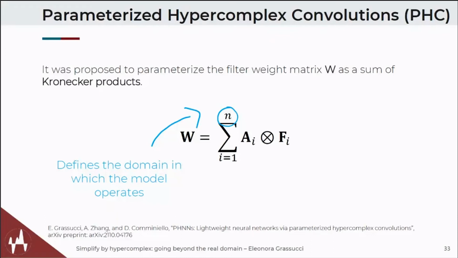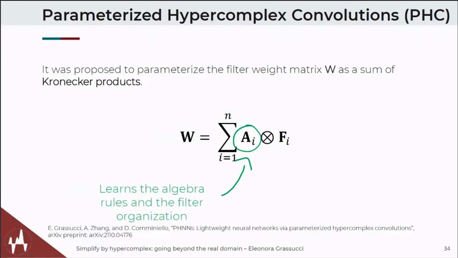But most importantly, n can be any value. So we can set also n equal to 3, n equal to 5, and so on. And that's really important because Cayley-Dickson algebras only exist for predefined values of n. So basically, we have n equal to 2 complex, 4 quaternions, 8 octonions, but there's nothing in the middle.